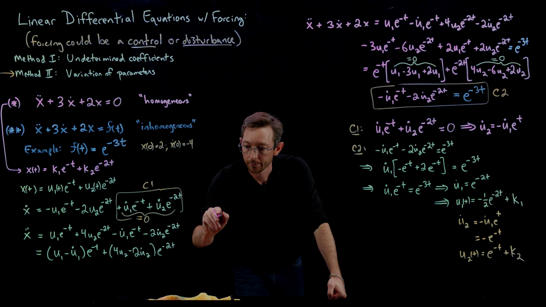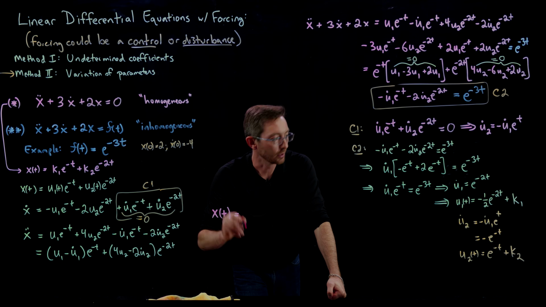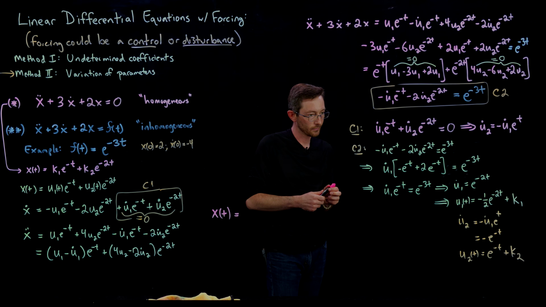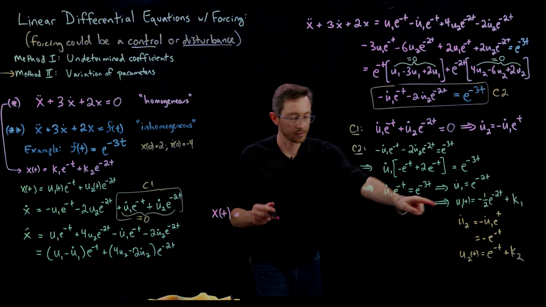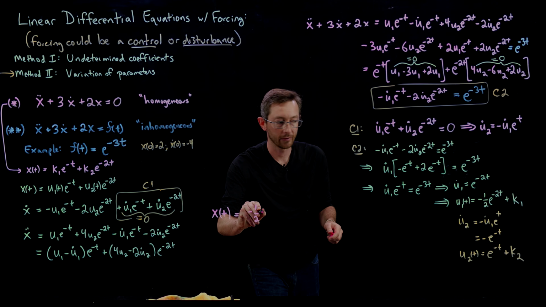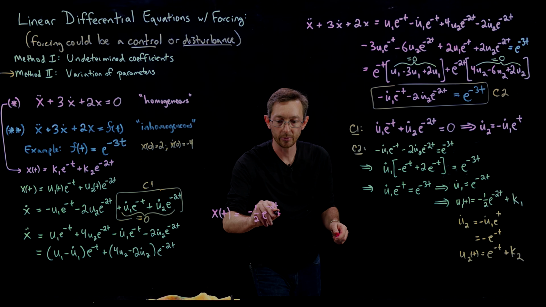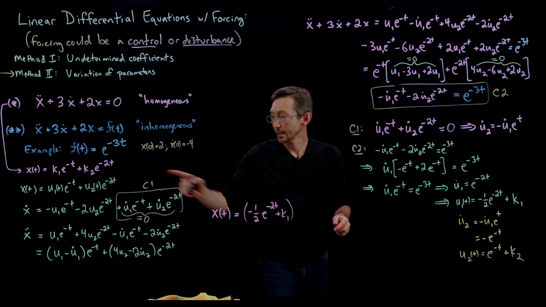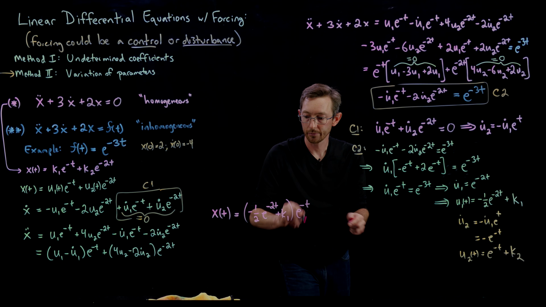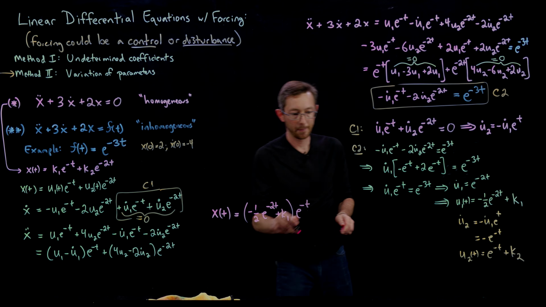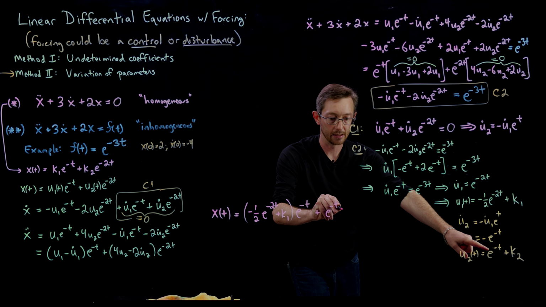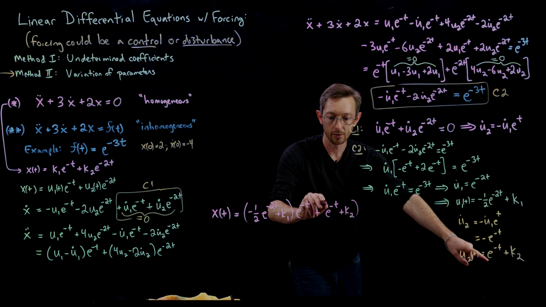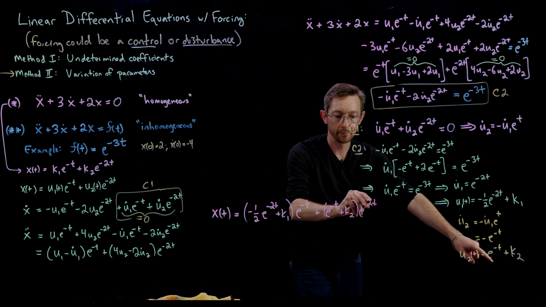So x of t equals minus 1/2 e to the minus 2t plus a constant 1 times e to the minus t plus u2, which is e to the minus t plus another constant, constant 2, e to the minus 2t.